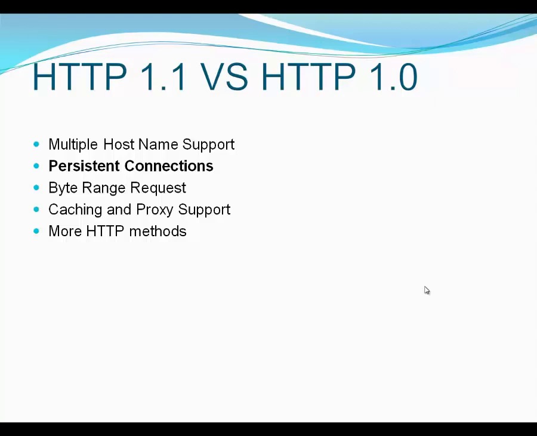Now, HTTP 1.1 supports persistent connection by default. So what does that mean? In 1.0, when the connection is established between client and server, and the server responds back, then that TCP connection is stopped. Again, while making a second request, the TCP three-way handshake is initiated.